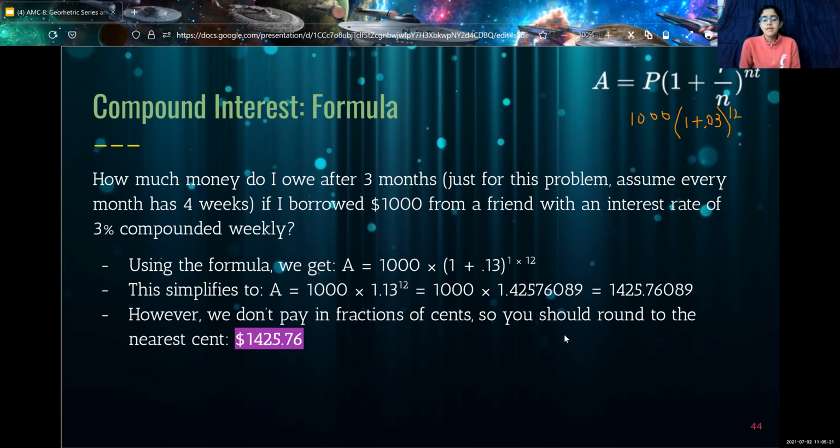And we multiply that by 1,000, and we get 1,425.76, and so on, for how much I have to pay. We don't pay in fractions of cents, so we round it to $1,425.76.